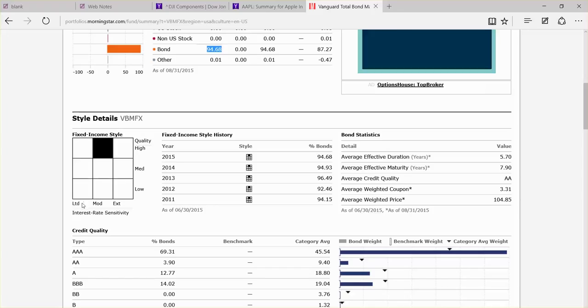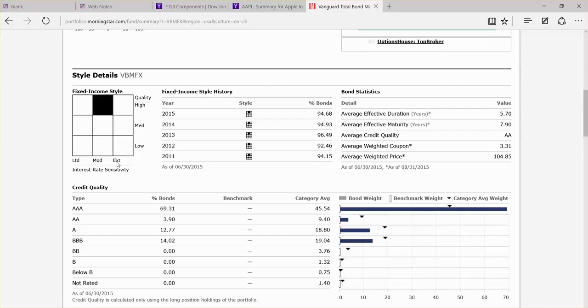This is the interest rate sensitivity: extreme, limited, or moderate is what that refers to. Basically, the longer term bonds with lower coupon rates are more sensitive to interest rate fluctuations than shorter term bonds with higher coupon rates. So this one falls in the middle.